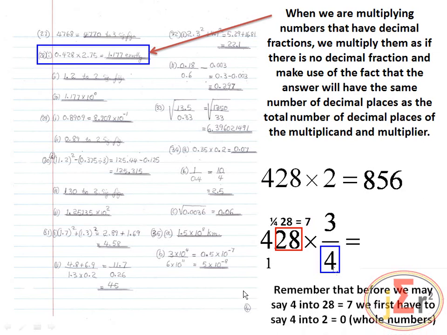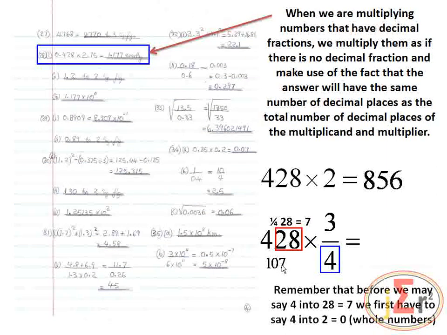But before we just write 7 down, remember, in order to say 4 into 28, we have to say 4 into 2. We can't. And then 4 into 28 is 7.